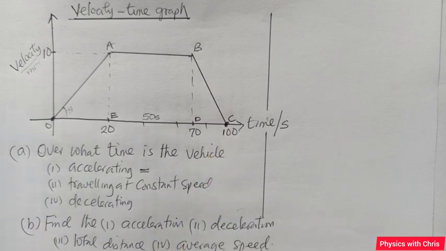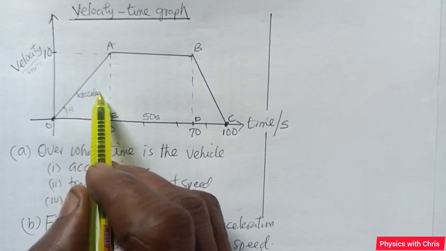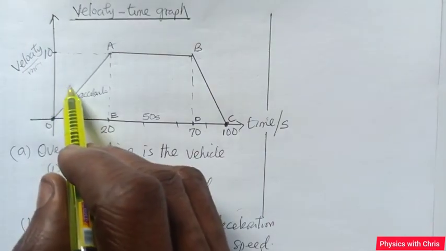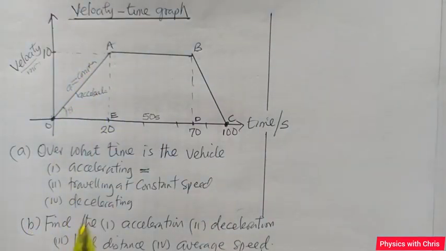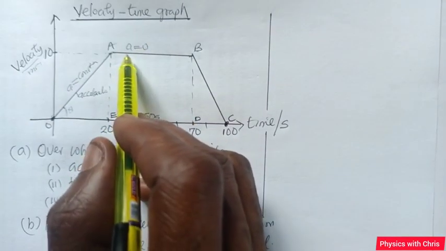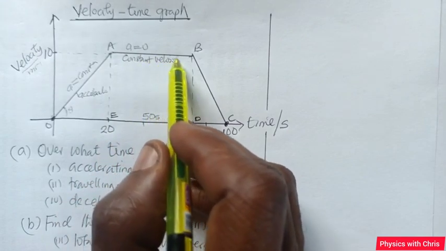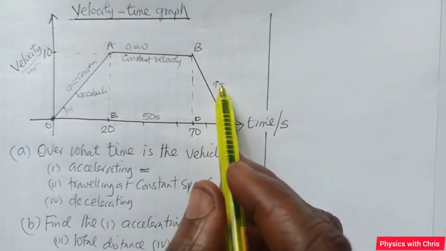at point C. So we can come back and look at this graph, that it has about three stages. The first stage is when the body is accelerating, because from O to A, the body has acceleration and the acceleration is constant. Between A and B, the body's acceleration is 0. It means the body is moving with a constant velocity. And between B and C, the acceleration of the body is negative.